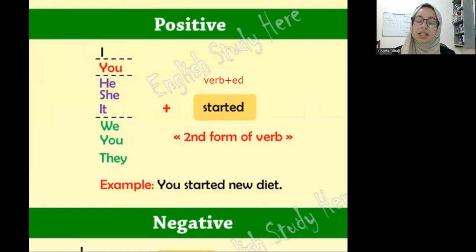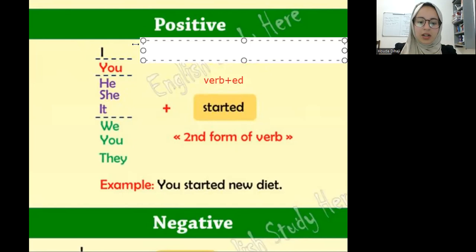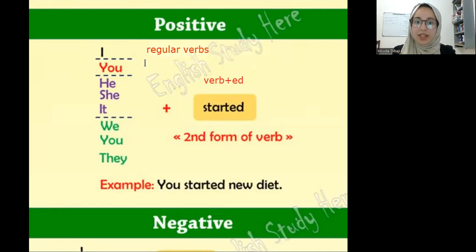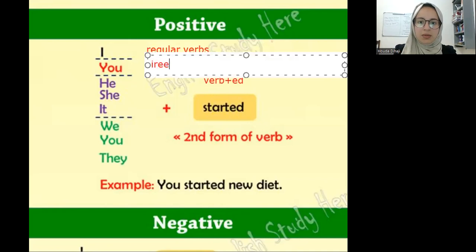But pay attention, please. There are many exceptions in this rule. Why? Because in English, we have the regular verbs, okay? And we have the irregular verbs.